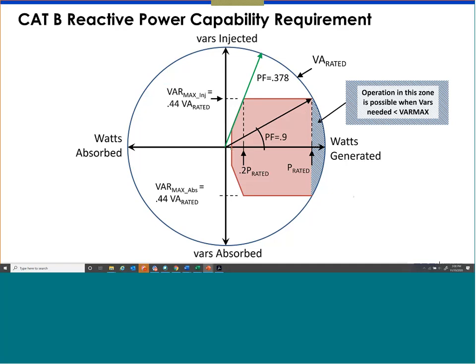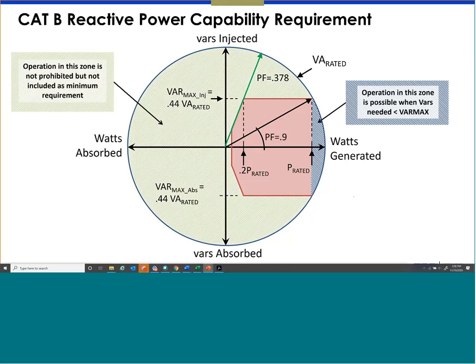These are not the minimum requirement. By standard, nobody can say that DER has to provide that because the standard says so. But it's also not prohibited. Operation in this zone is not prohibited, but not included as a minimum requirement.